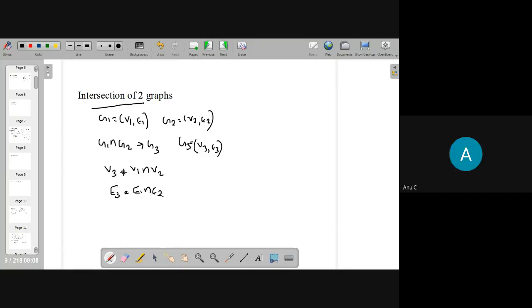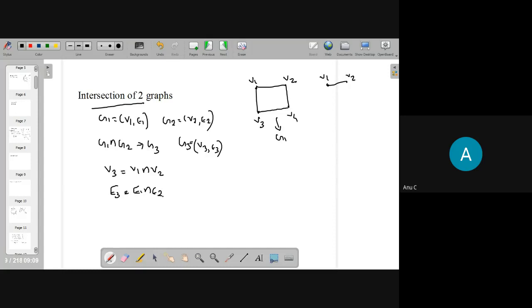That means G3 consists of only those vertices and edges that are in both G1 and G2. Okay, so let's see the example. V1, V2, V3, V4: this one is G1.